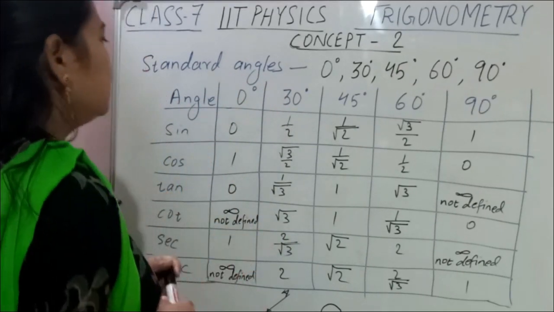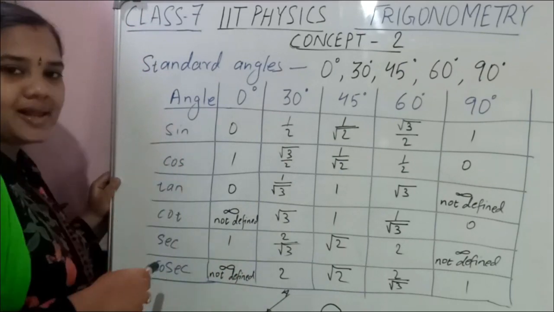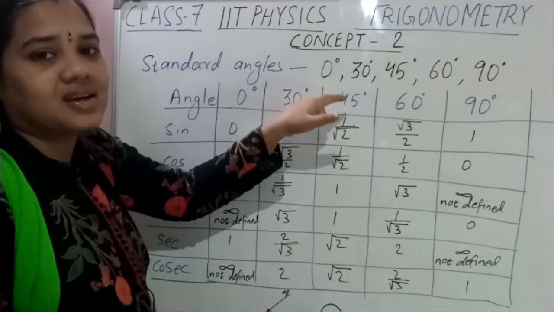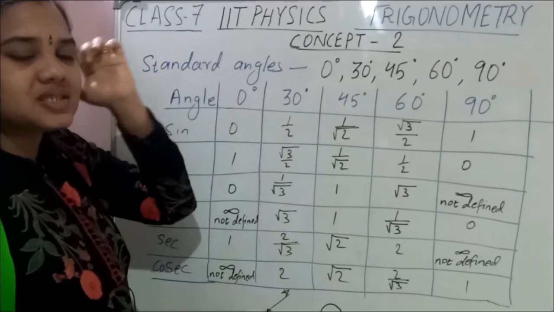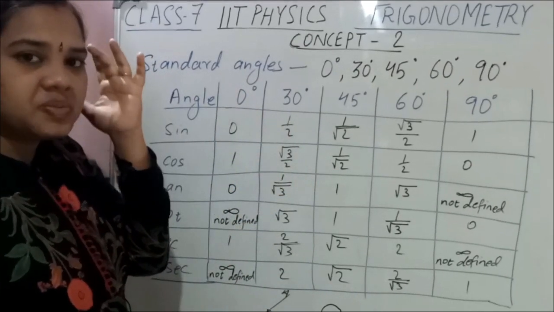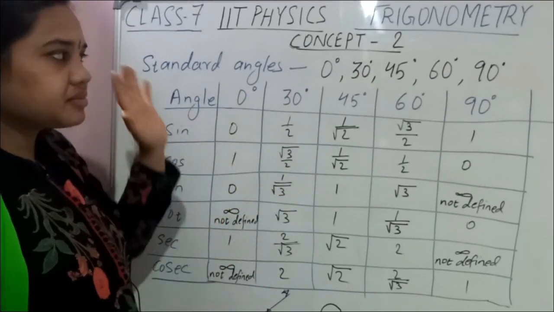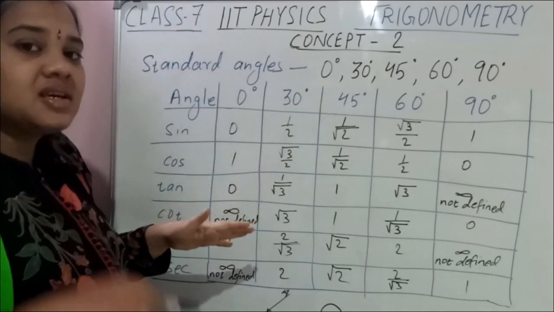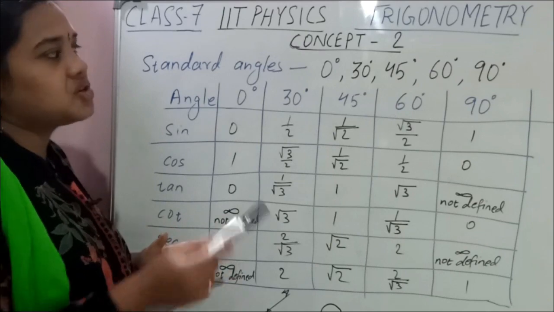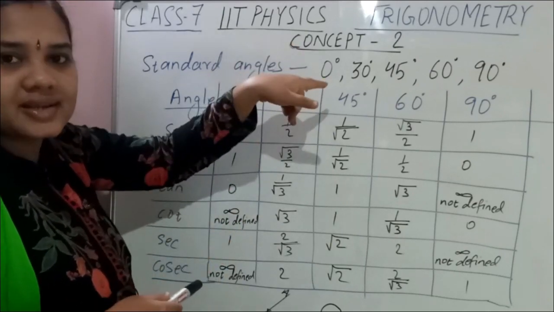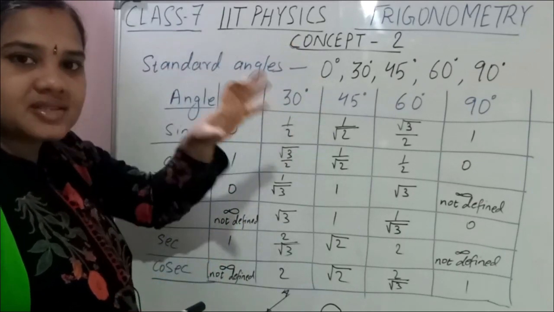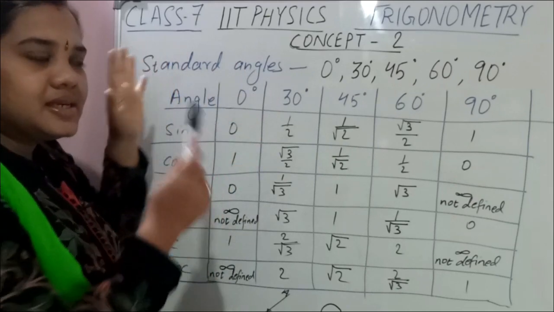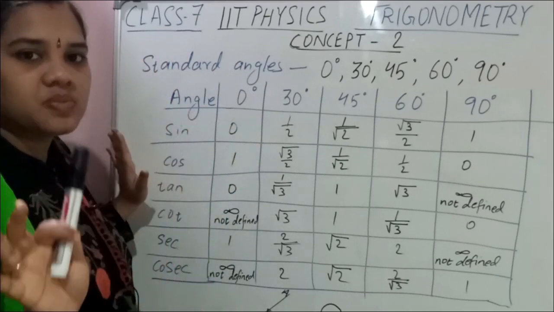That's why you must know the trigonometric values for these standard angles compulsorily; they should be there in your mind. Got it? As these 5 angles are the standard angles, the other angles' values can also be found by using these angles only. So these angles' values you must know.